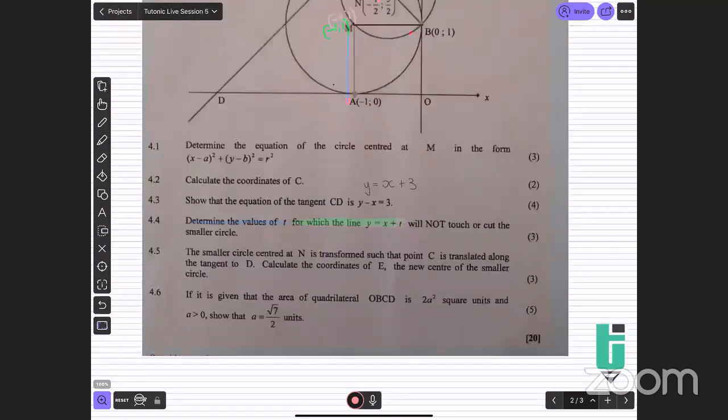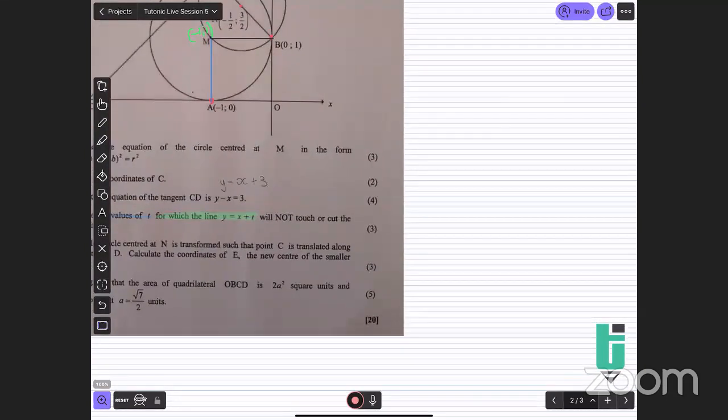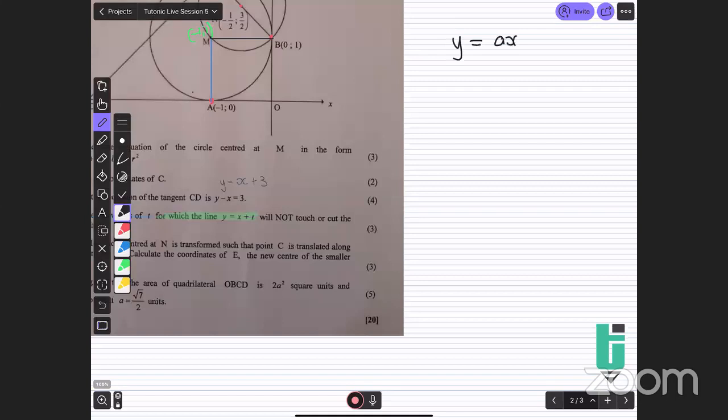Remember all those graphs, like ax plus q, the parabola, they all have a q value, right? The hyperbola has a q, the exponential graph has a q value. For all those graphs, the effect of q is vertical shift.